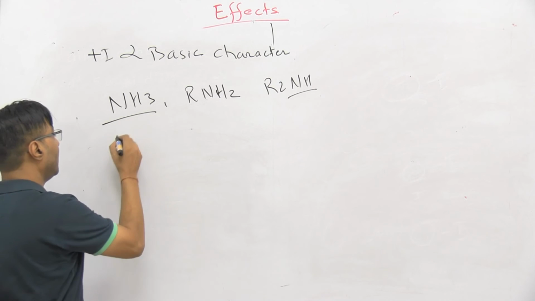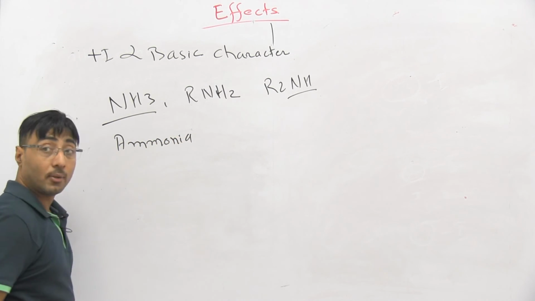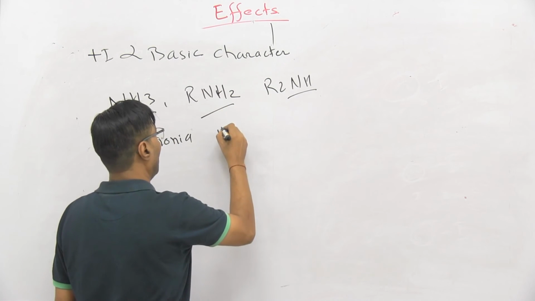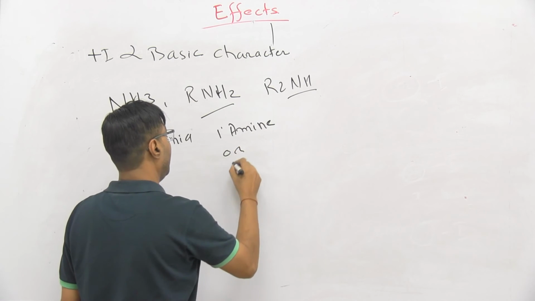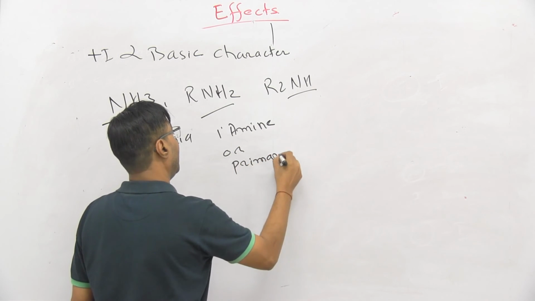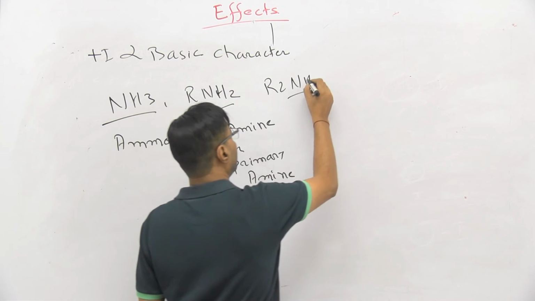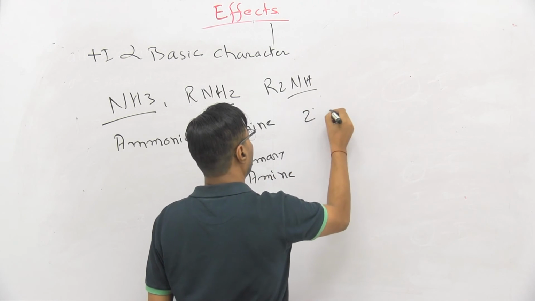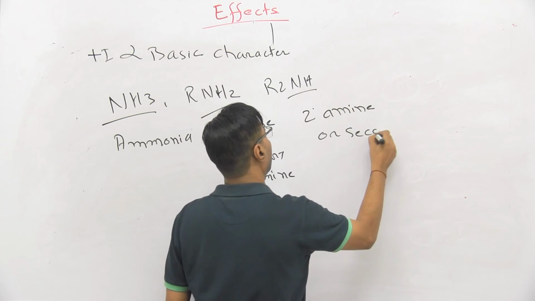First one is ammonia. Second one is a primary amine, 1 degree amine. Third one is a 2 degree amine or secondary amine.